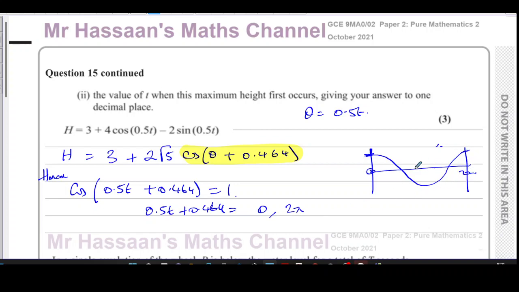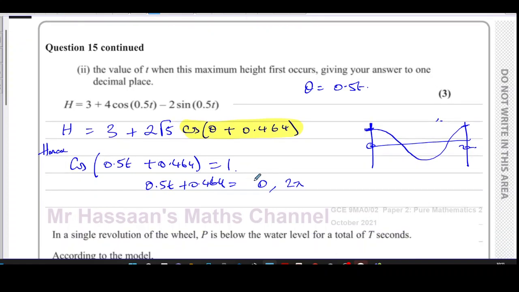We can't use 0 because that will give us a negative time, so we have to use 2 pi. So t is going to be 2 pi minus 0.464, divided by 0.5. That will be the first time it reaches its maximum height.